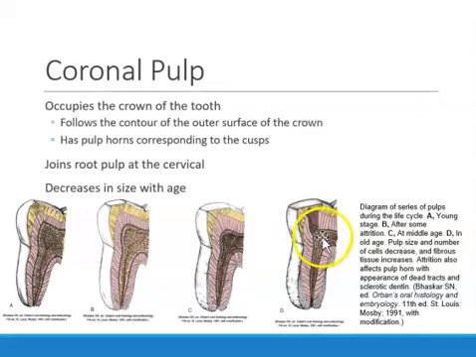Tertiary dentin or reparative dentin will be formed. So it does decrease the size of the pulp. And also the pulp has cells, and those cells decrease in quantity as we get older. So the pulp isn't able to thrive as well because of the pulpal cells that have decreased in quantity.